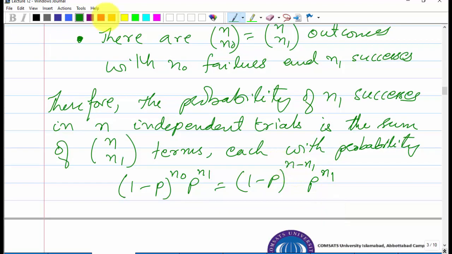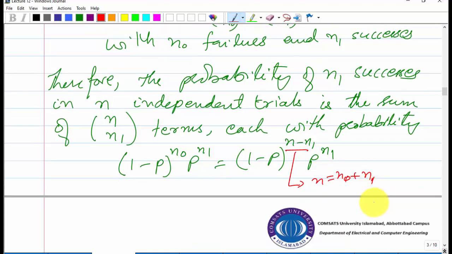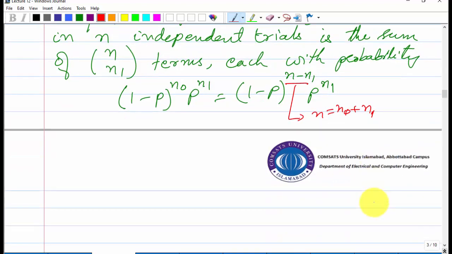This is the same because n is equal to n naught plus n1, so we can write it alternatively, with no issue.